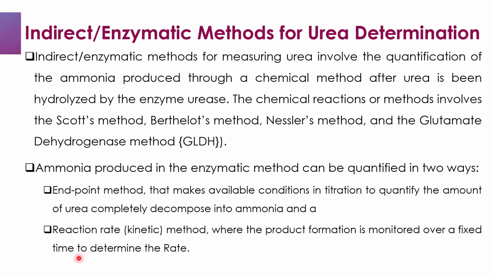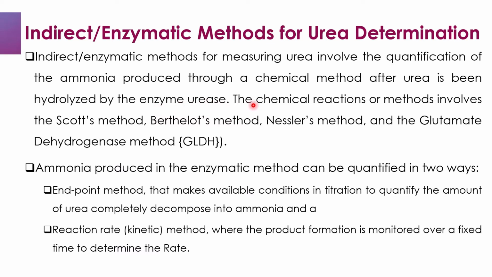The indirect or the enzymatic method for urea determination. The indirect or the enzymatic method for measuring urea involves the quantification of the ammonia produced through a chemical method after urea has been hydrolyzed by the enzyme urease.